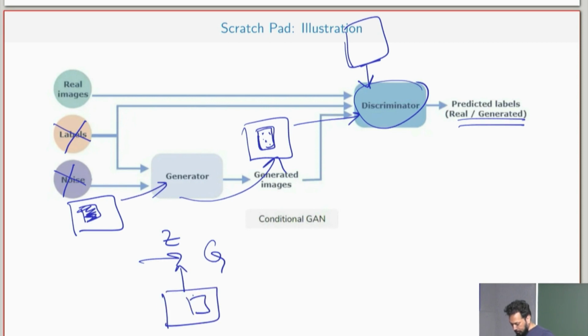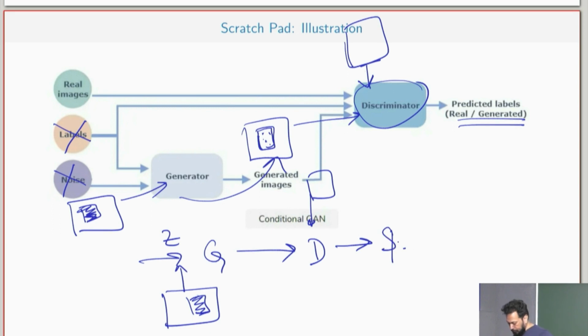I guess it works, right? So the corrupted image goes in, and then the discriminator gets the uncorrupted image and produces the score, and so on.